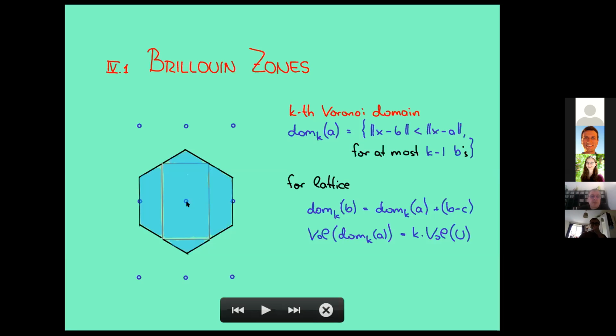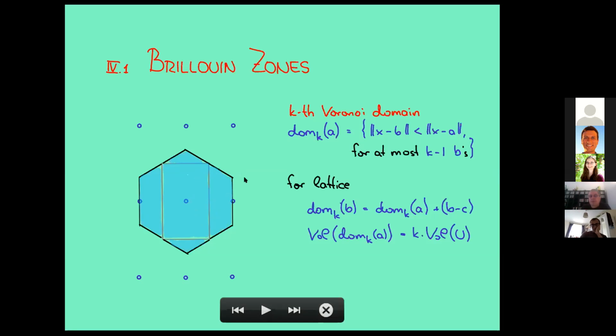So the point in the middle, that's my point A. The rectangle around this is where A is the closest to the point x. And if x is in these wings outside of the rectangle, that's when A is the second closest.